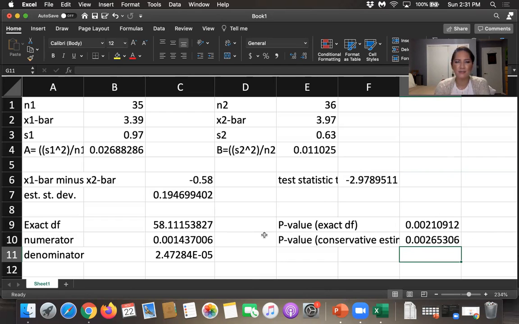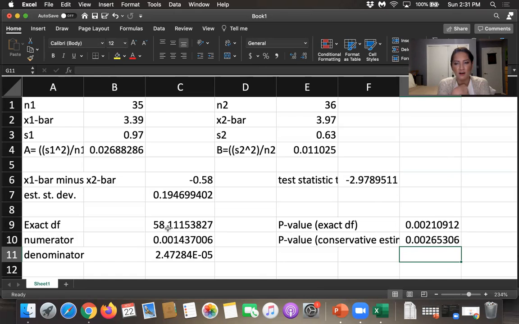So you see, even though the number of degrees of freedom are very different, one was 34 degrees of freedom and then one was more than 58 degrees of freedom, the p-values were very close. They weren't exactly the same, but they were very close, and they are both going to lead to the same result as far as our null hypothesis is concerned.